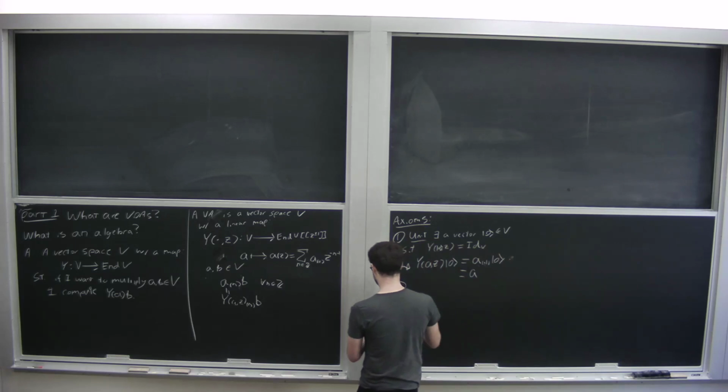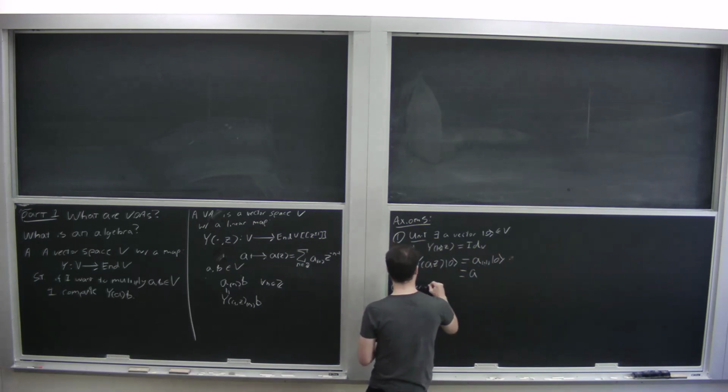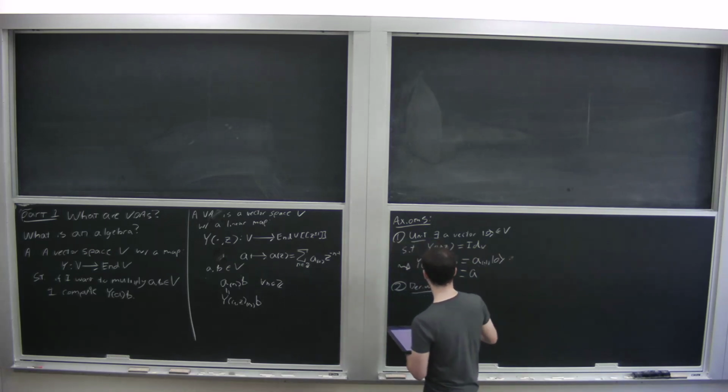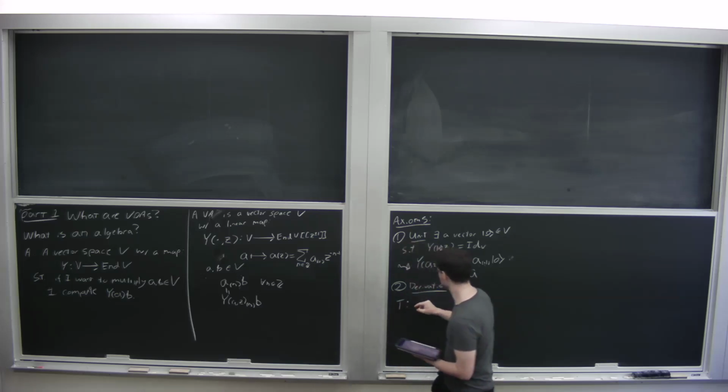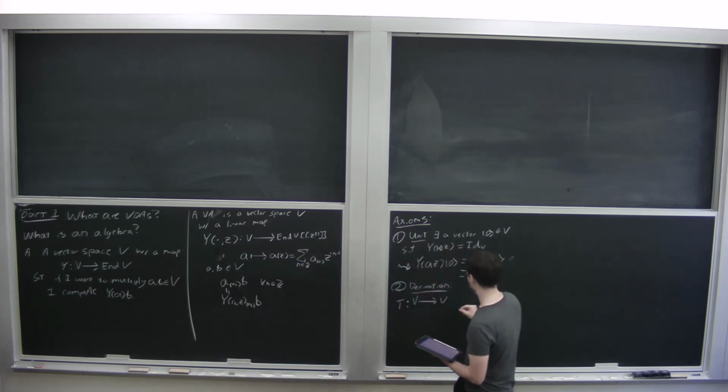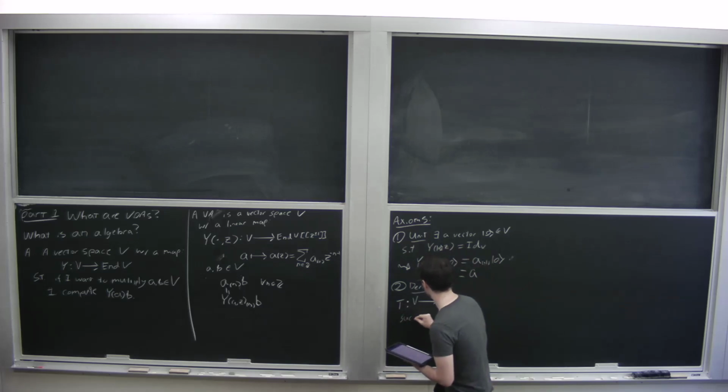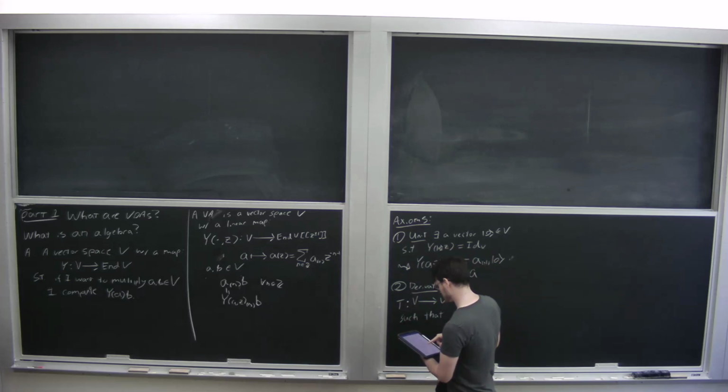Okay, so the next piece of structure we have is a derivation. We have a linear operator, usually denoted T for translation, because this corresponds to translations in physics. And it is such that, what do I want to say? Its commutator with fields is the derivative of the field.